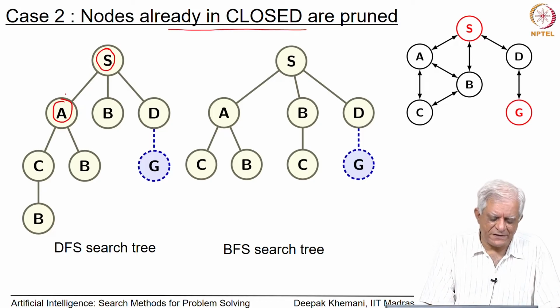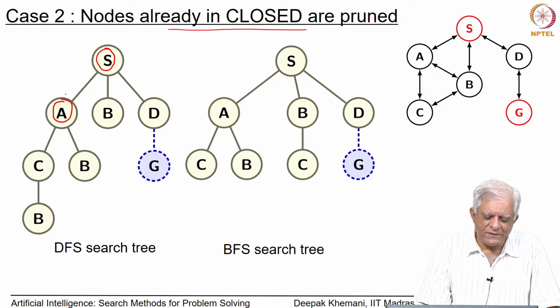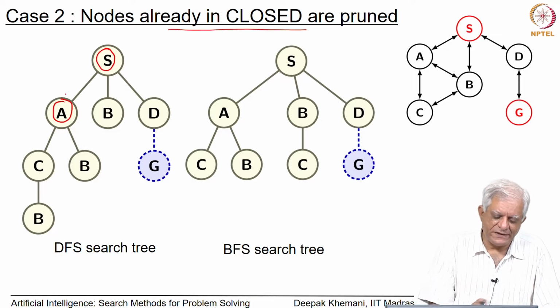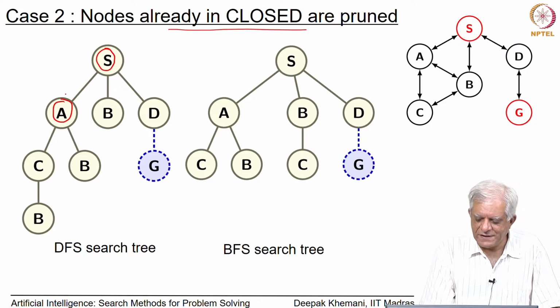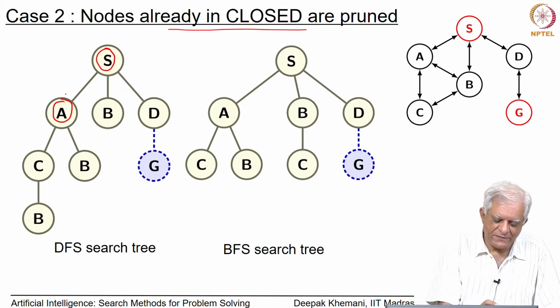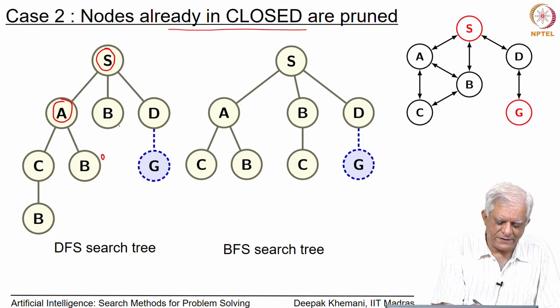When we generate the children of A, this time we have said that only if a node is on closed, we will not add it again. So in this case S is on closed. Of the 3 children of A, which are S, B and C, we do not add S, but we add C and B. You will notice here that there are duplicate copies of B sitting here.